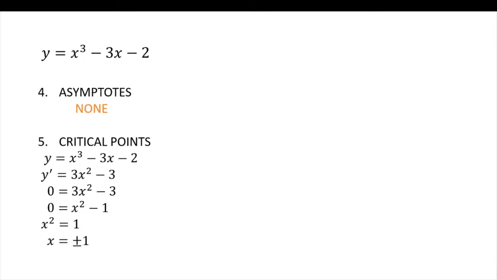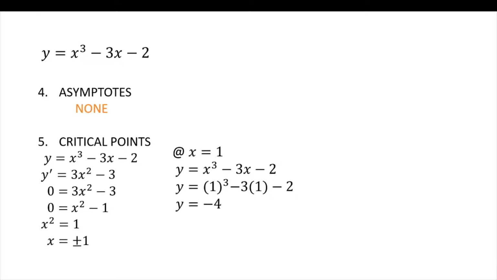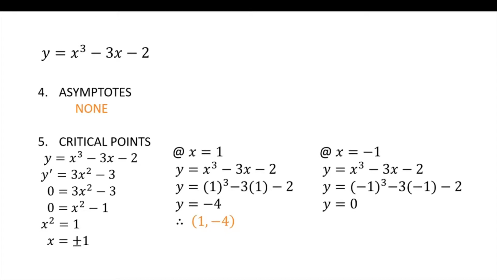Solving for the y value at x equal to 1, we plug in x equal to 1 to the original equation. We get y equal to negative 4 at x equal to 1. Therefore, one of the critical points is (1, -4). Then at x equal to negative 1, plugging in x equal to negative 1 to the original function, we get y equal to 0. So this is the second critical point.